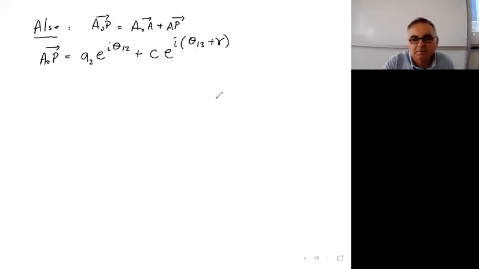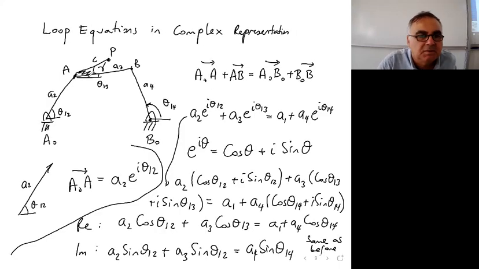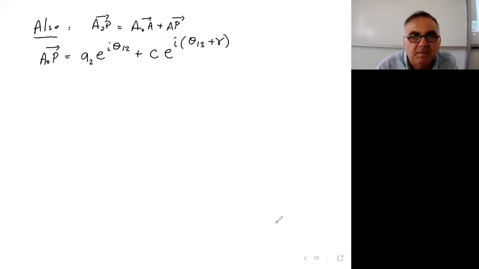Let's go back. Here, the angle that C makes with the horizontal, as you see, is theta 1, 3, this very small angle, plus gamma. So this is theta 1, 3 plus gamma, this angle.